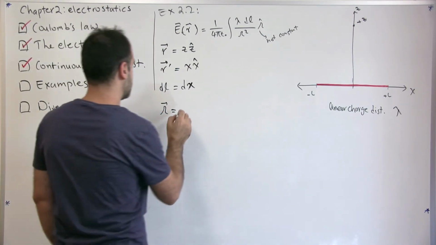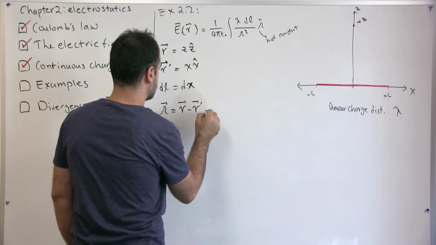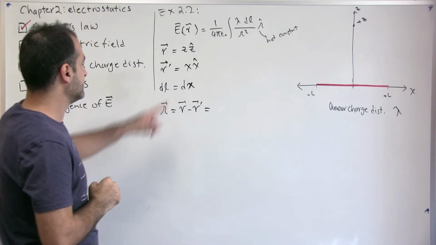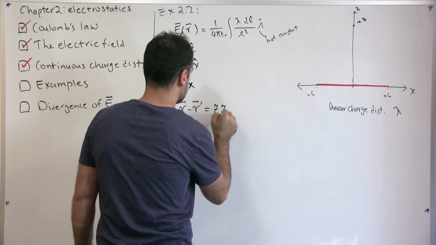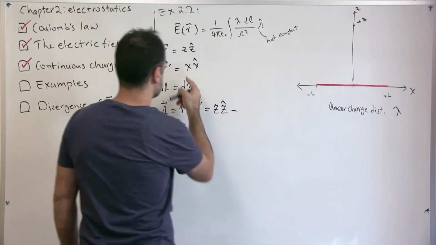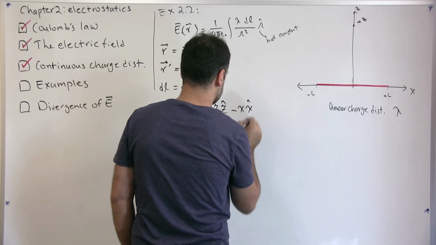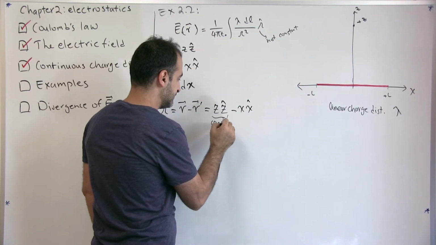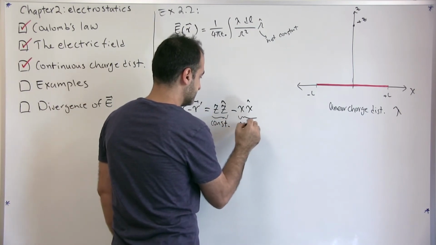Sounds good? And how about the separation vector? Separation vector is R minus R prime, okay? And that is Z times Z hat, which is a constant, minus X times X hat. Z times Z hat is a constant, but X times X hat is not constant.